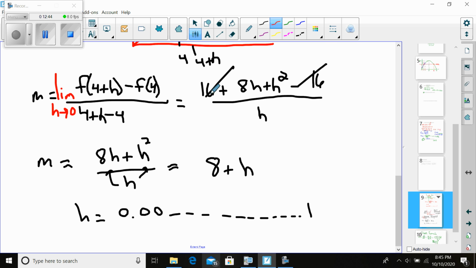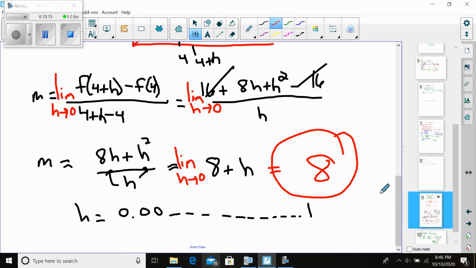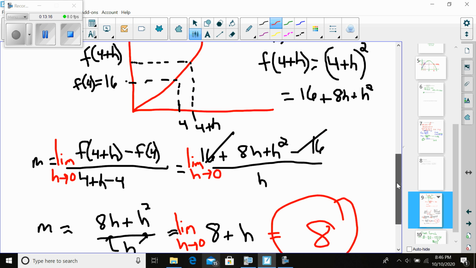So h can't be 0. But h is so close to 0 that by the time I get to the end here, I want to just say, I'm going to plug in 0 for h, right? And let me just call this slope 8. All right, and so therefore, this limit then is 8. And I am going to say the slope at that point is 8.